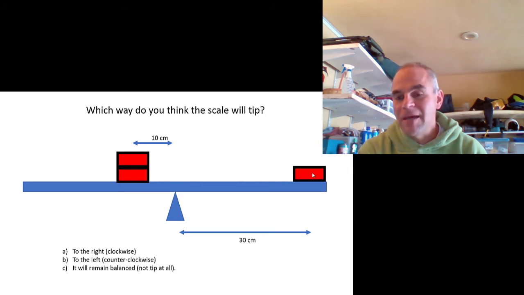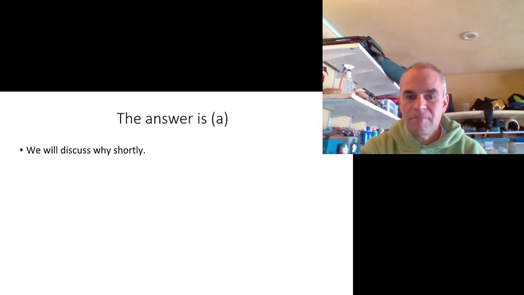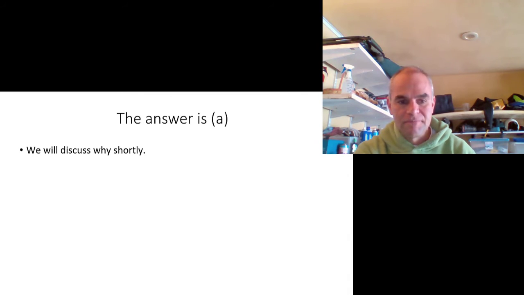The force then would be M times g, and the distance is 0.3 meters. So you'd have 0.3 mg on this side, and you'd have 0.1 times 2 mg, or 0.2 mg on this side. So the single mass is going to be the one that wins, and this system is going to rotate clockwise. That's stated on the next slide, and we discussed why already.